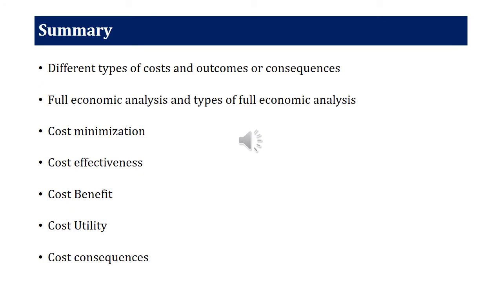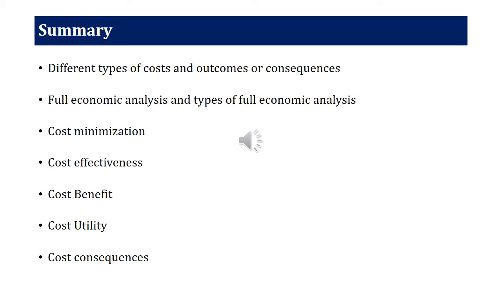So last class we learnt about different types of costs, including direct cost, indirect cost and intangible cost. We also learnt about outcomes, which include clinical, economic and humanistic. We learnt that when we link cost to consequences, what we get is a full economic evaluation.